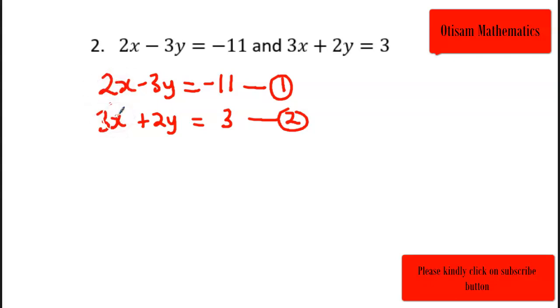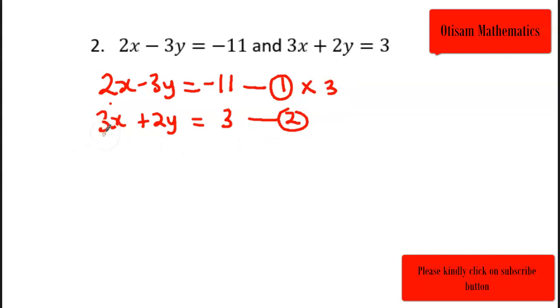Now how do you do that? You find the LCM of the coefficients. So the LCM of 2 and 3 is 6. So you ask yourself, what should we multiply by 2 so that we get 6? So we can say equation 1, we are going to multiply by 3.